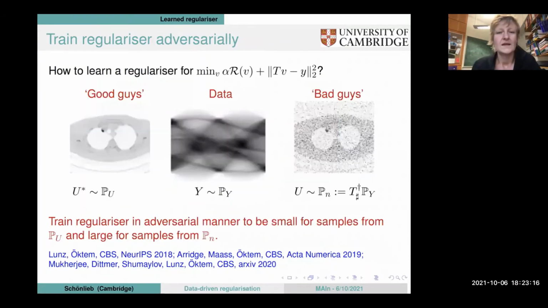Okay, so how do we now train the regularizer? I said we are going to decouple it from the variational problem, but in order to understand how to train it, we still need the variational problem as an inspiration, to understand what we want the regularizer to do. The regularizer acts as a penalty.